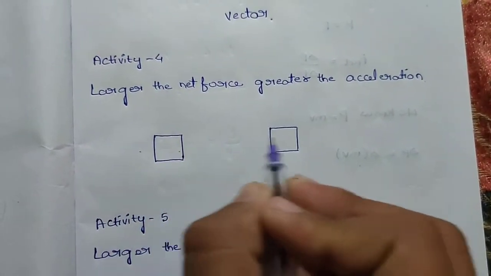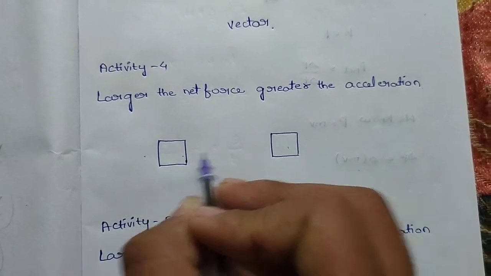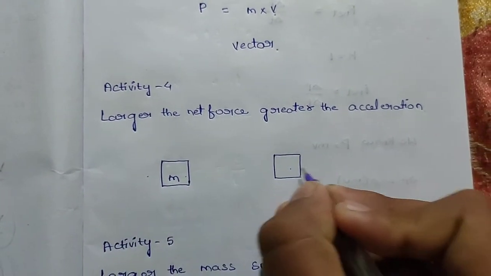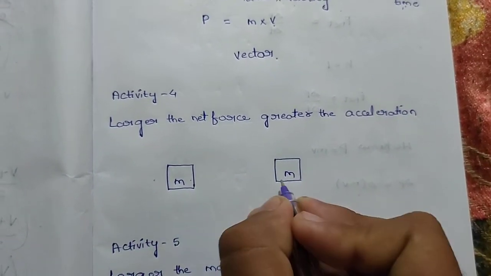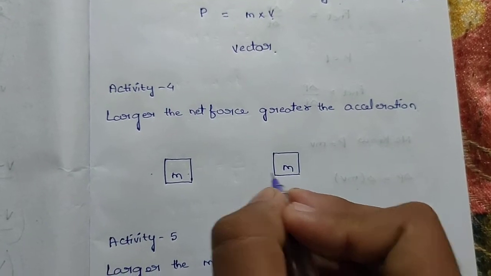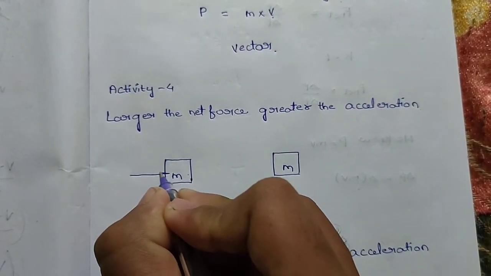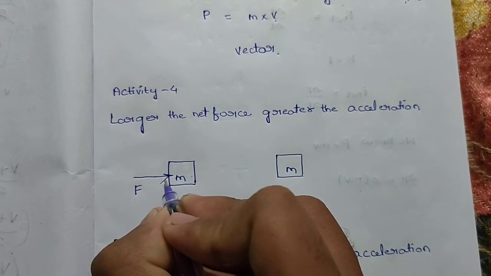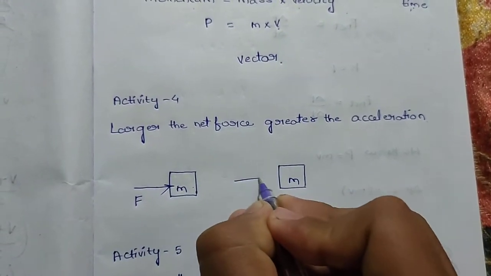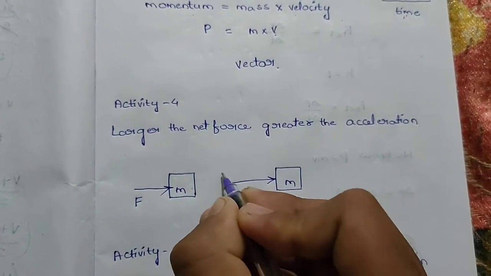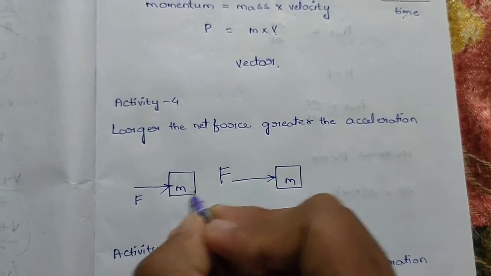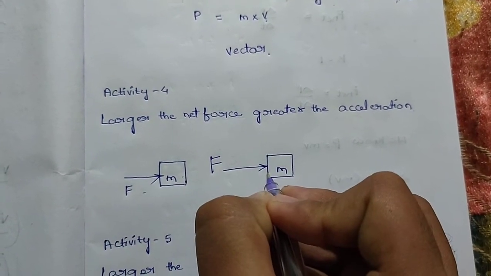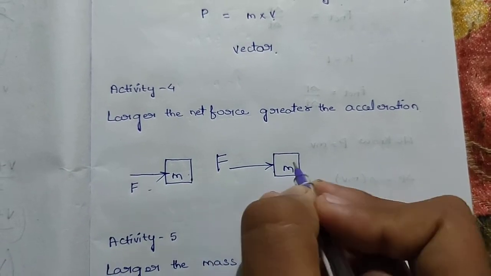These are two boxes with an equal amount of mass, M and M. I am applying a certain amount of force F on one box, and a greater force on the other.